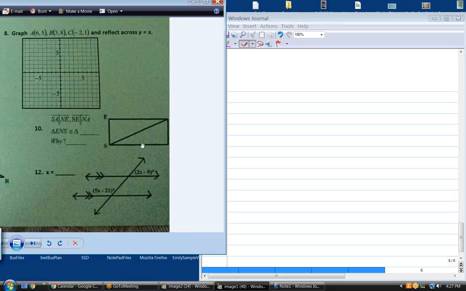If this side is parallel to that side, and this side is parallel to that side, well, at a minimum, it makes this a parallelogram, right? Yeah. Okay. So why is ENS, this angle right here, congruent to which other angle?